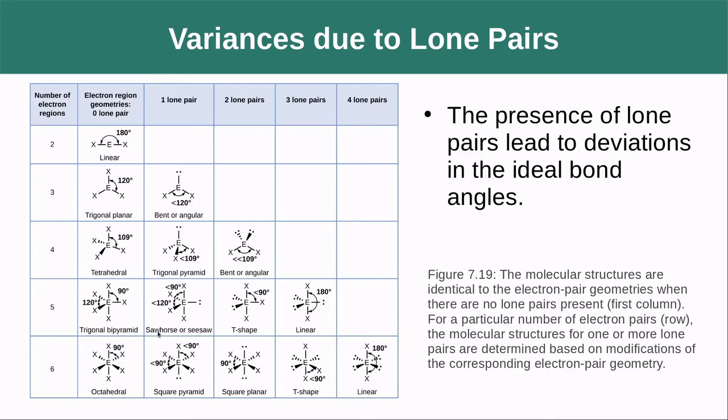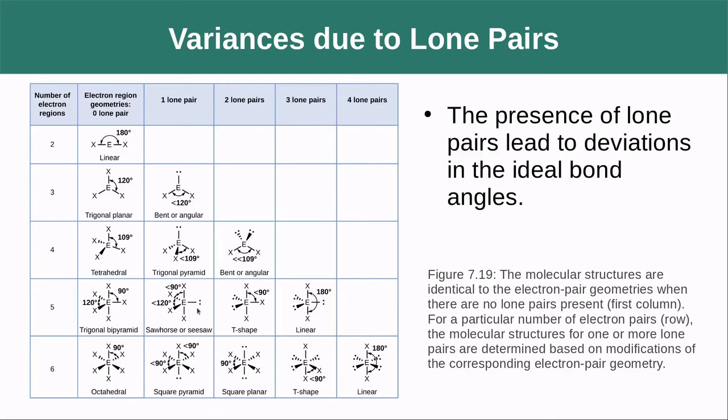And this leads to a very asymmetrical shape that we call the seahorse or seesaw. If we put in two lone pairs, we're going to see that we actually wind up with something that has 90 degrees apart from all of these. And then if we put in a third lone pair, we're going to arrange these two 180 degrees apart from each other.